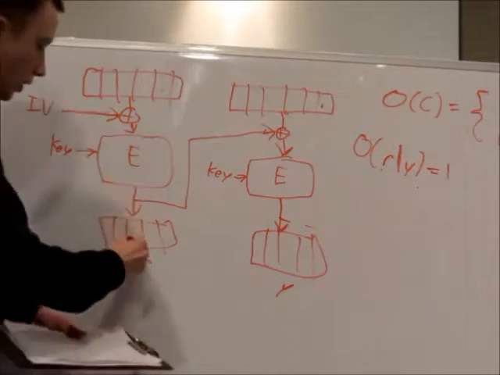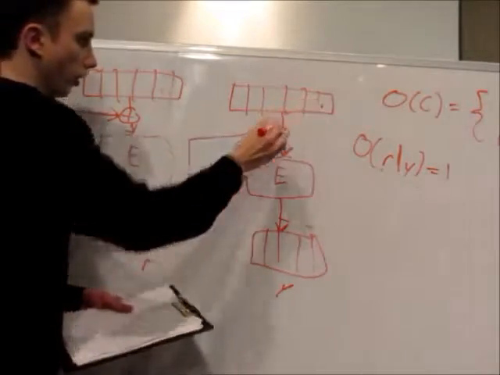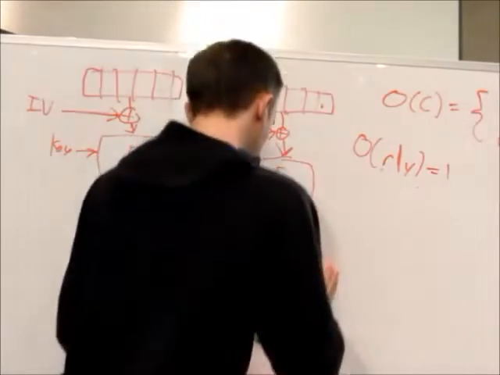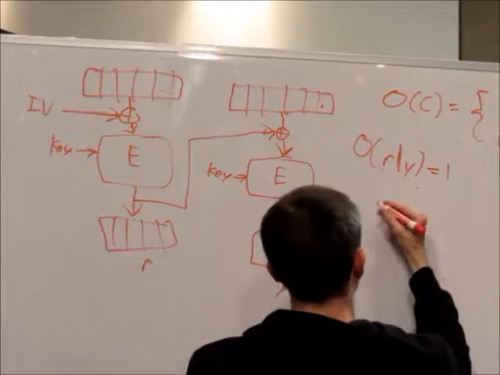So if for a random R we get a padding of 1, then let me just write it down first.